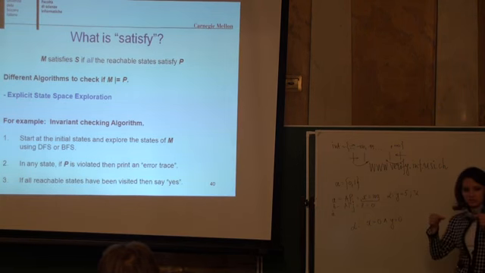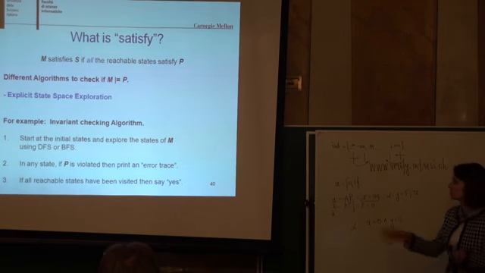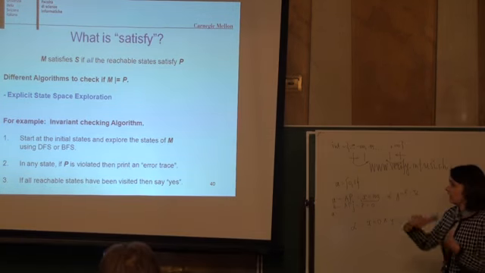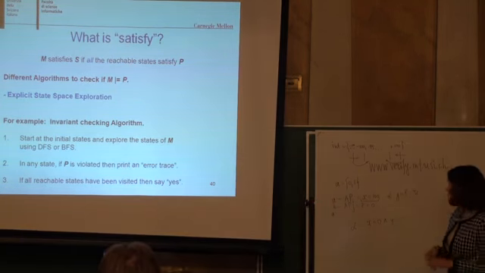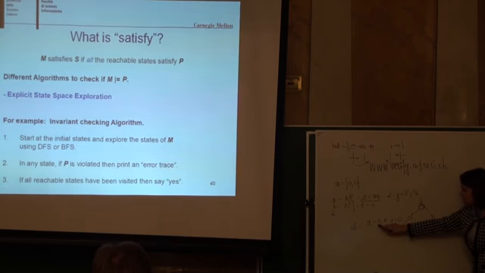So I start from an initial state and I'm doing exhaustive analysis, DFS or BFS, traversing my graph. Starting from an initial state, I look at the first state I'm visiting and I check if x is 0 and y is 0. If they're both 0, I'm good, I continue going.